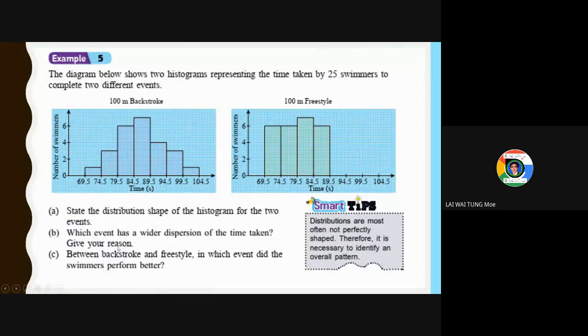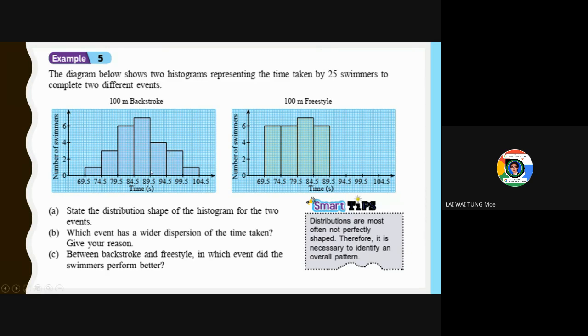Okay, so question C. Between backstroke and freestyle, in which event did the swimmers perform better? For you to conclude which swimmers perform better in which event, you have to understand that this is a swimming competition. For a swimming competition, of course, if you get a faster time, then you are considered better, right?